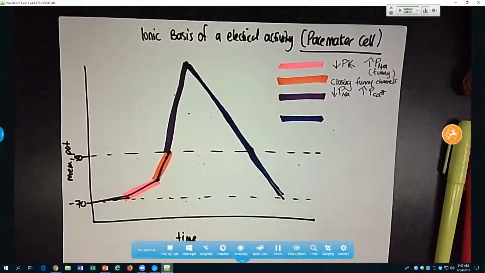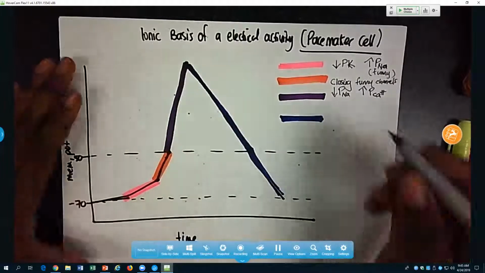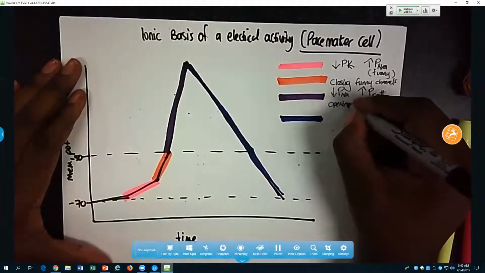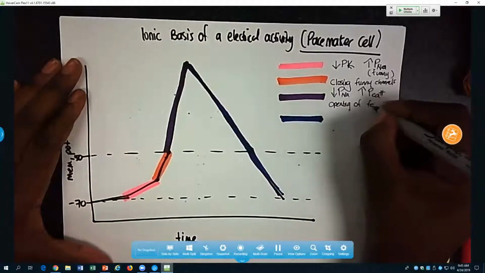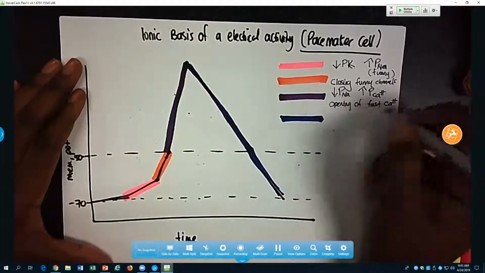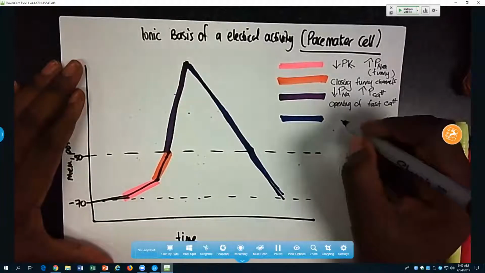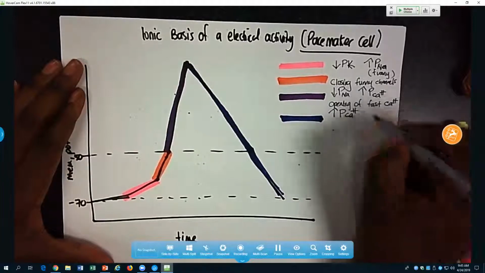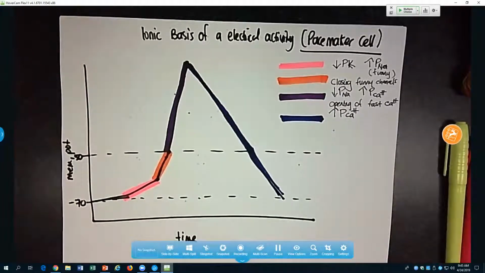Step 3 is where we rapidly depolarize the membrane, and this is the opening of fast calcium channels, I'm sorry guys. Fast calcium channels. So this is where we further increase the membrane permeability to calcium. And that is the upstroke.